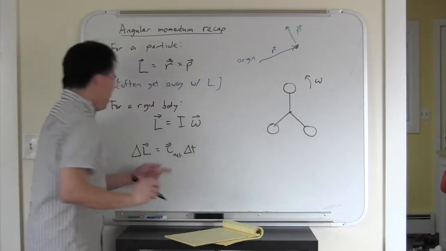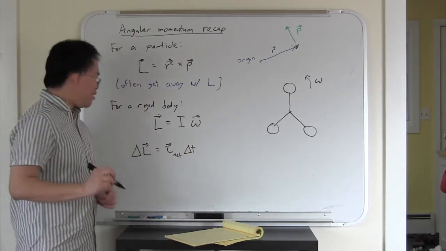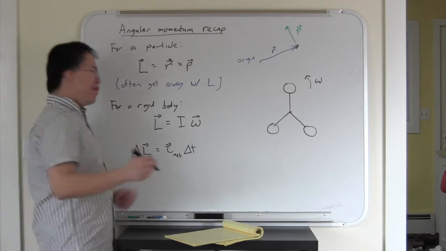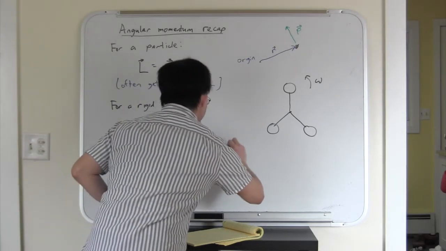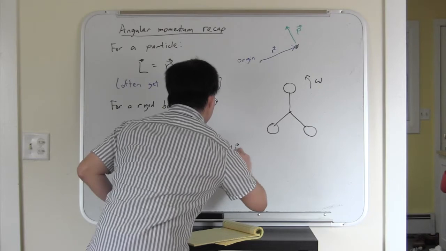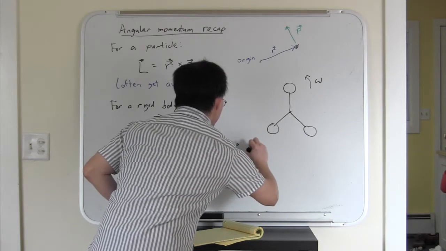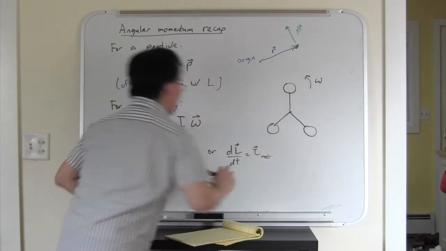So I think Bohr called this an angular impulse, or in differential form, dL/dt equals net torque.